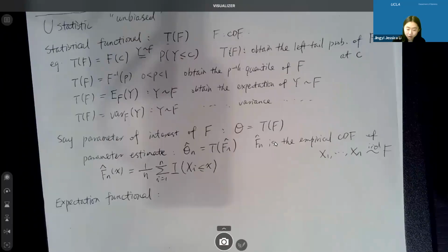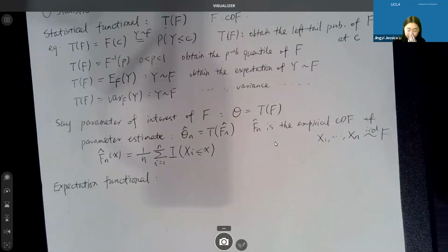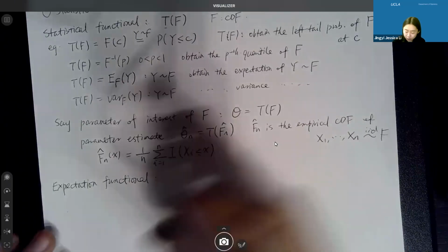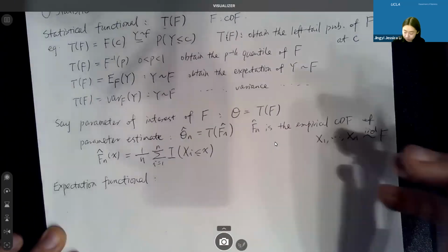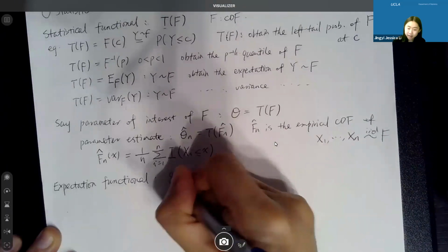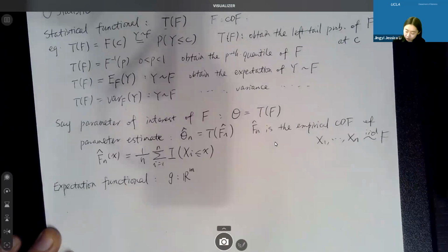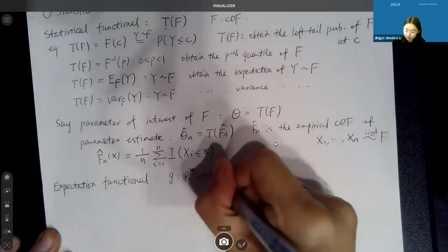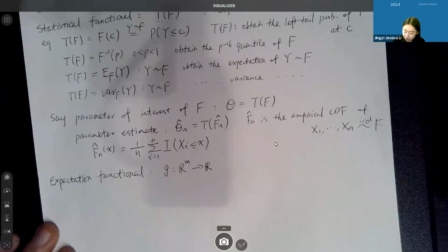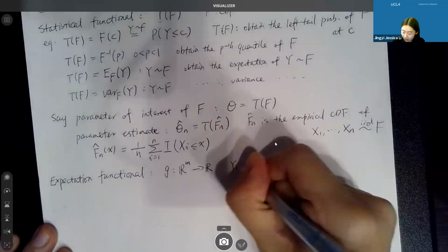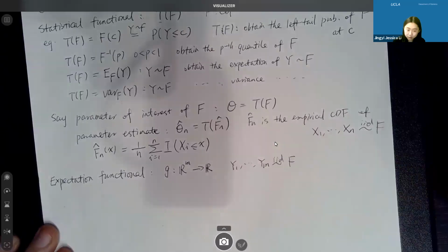Let's say we have this function g that maps from an m-dimensional space to the real line. And also, let's say that we have y1 to ym from F. Therefore, the expectation functional takes this form.